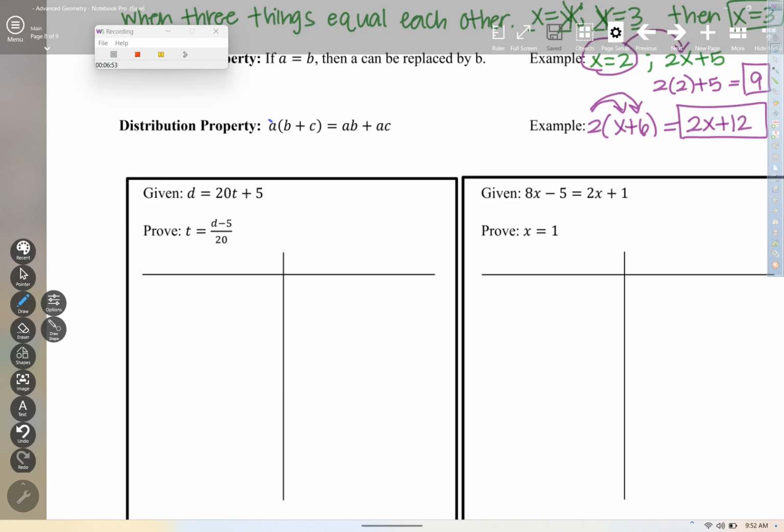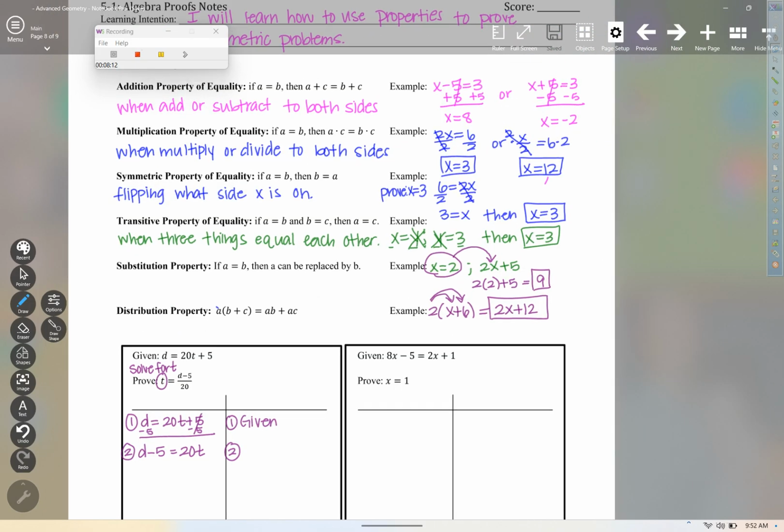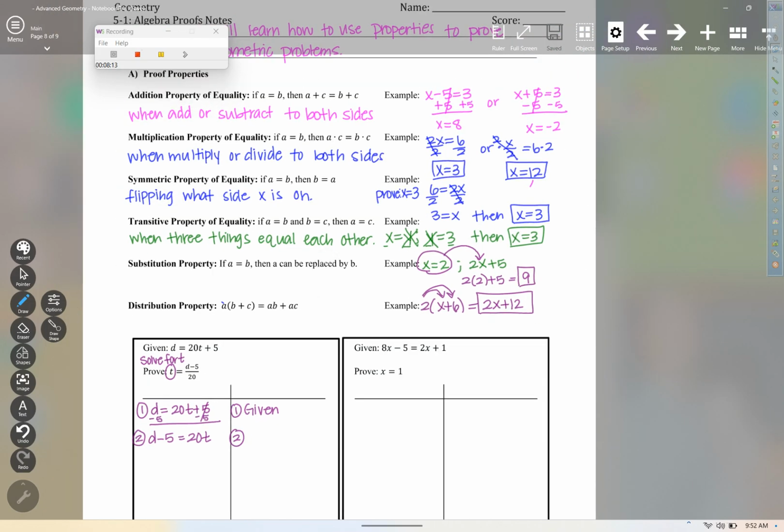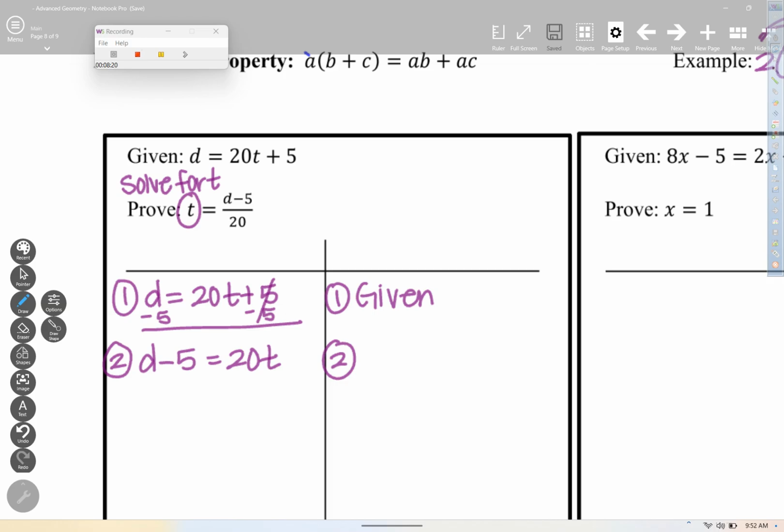Well, you subtracted 5. Which property, when I subtract 5 to both sides, would that be? That would be the addition property of equality. So we abbreviate this as addition property of equal, which means of equality. And I will say of equality, but I will always write of equal.